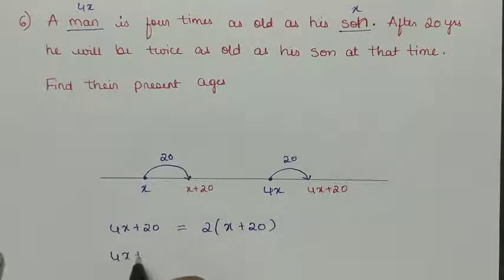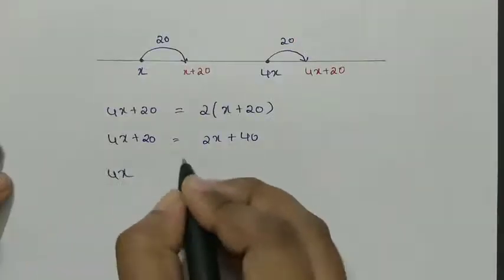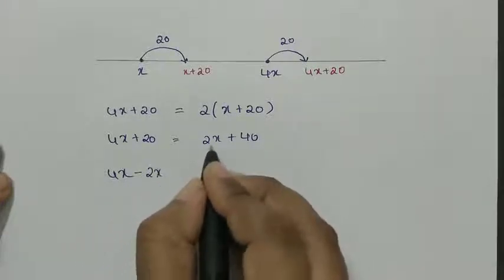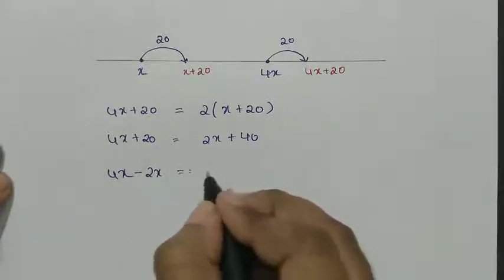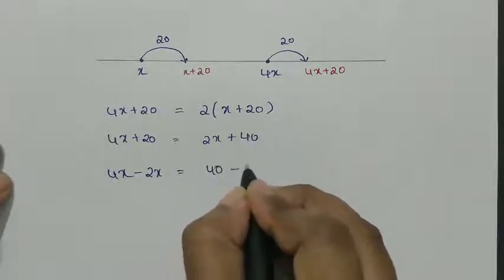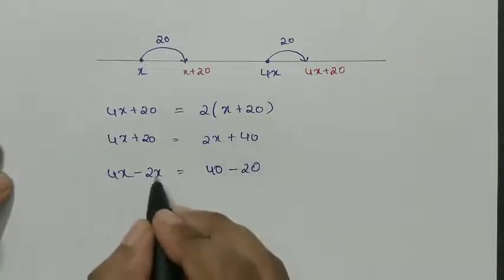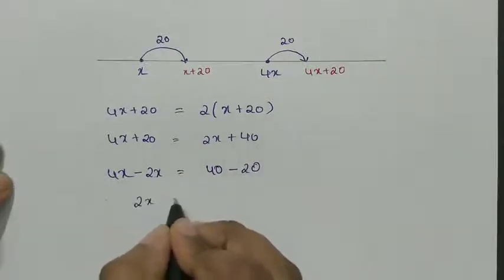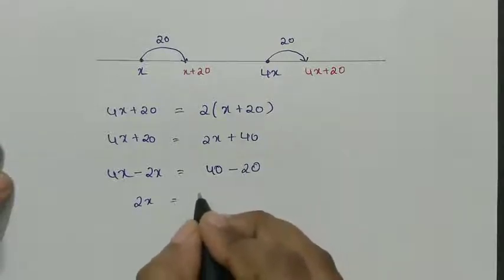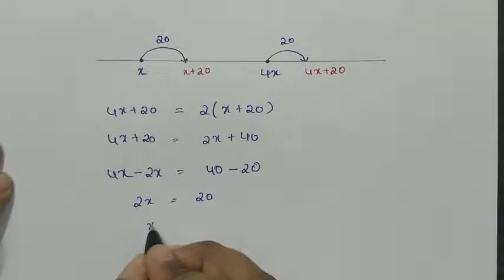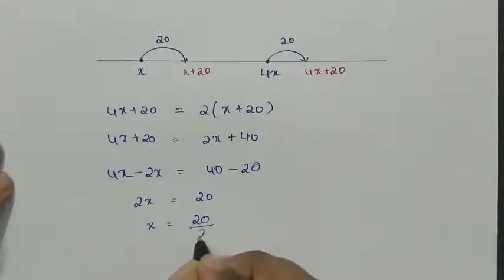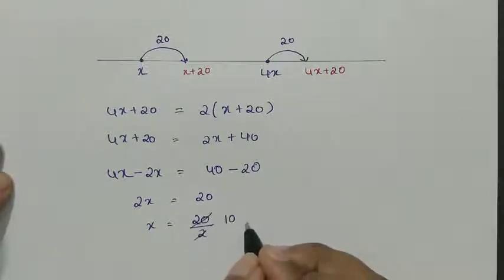So 4x plus 20 is equal to 2x plus 40. 4x minus 2x, transposing 2x to LHS, is equal to 40 minus 20, transposing 20 to RHS. 4x minus 2x is 2x, equal to 40 minus 20, equal to 20. Therefore, x is equal to 20 divided by 2, transposing 2 to RHS. Therefore, x is equal to 10.